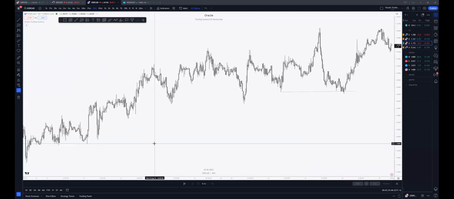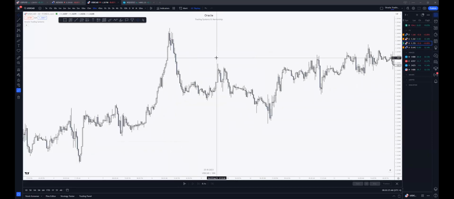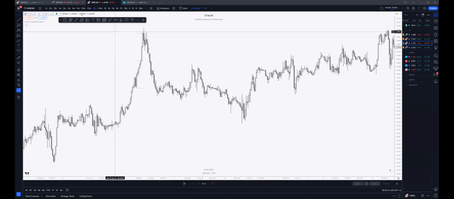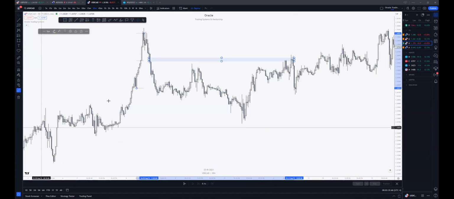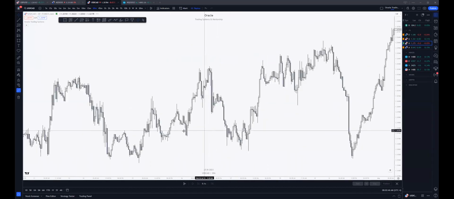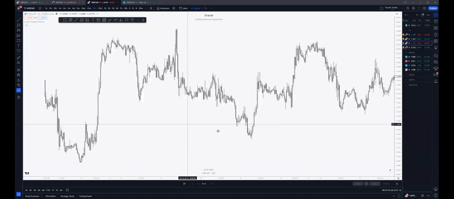But yeah, let's see if I can find an example of this. It's kind of like this, but that would be this one. You can see here, this one does get a reaction back down, but this one is a better example. Look at this one. Probably makes more sense on a lower time frame.